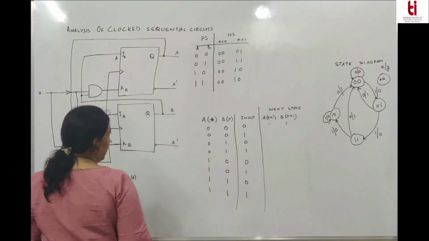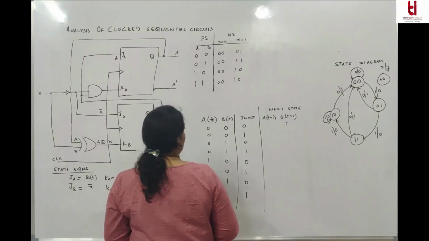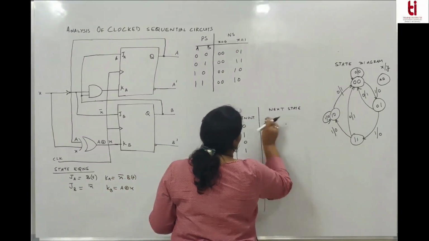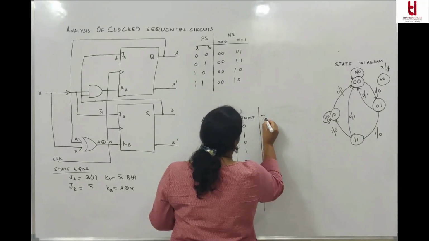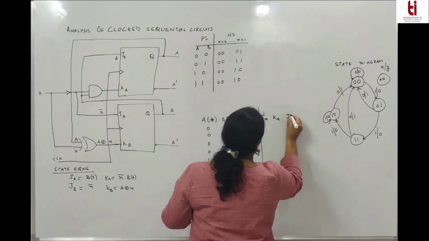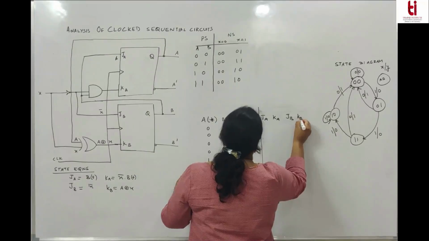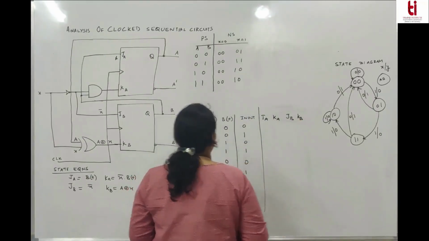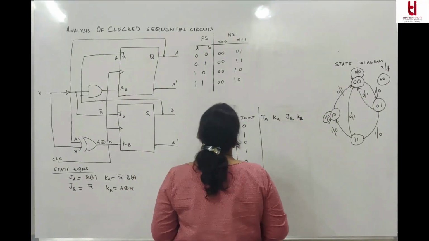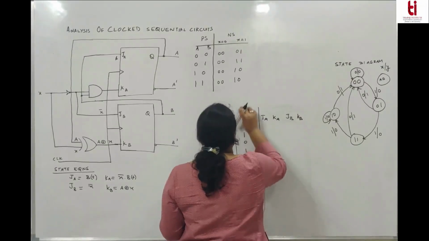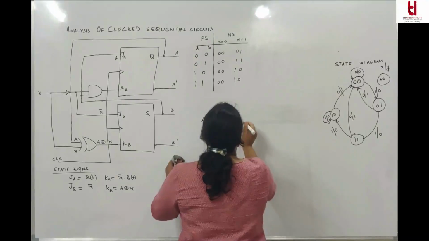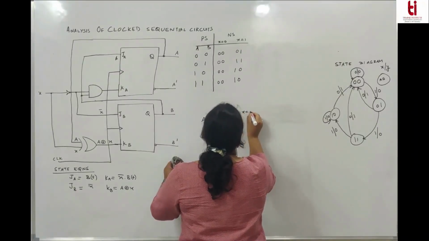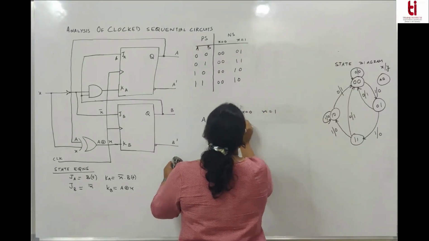So what is JA, KA, JB and KB? This will be for X equal to 0 and X equal to 1. What is this?